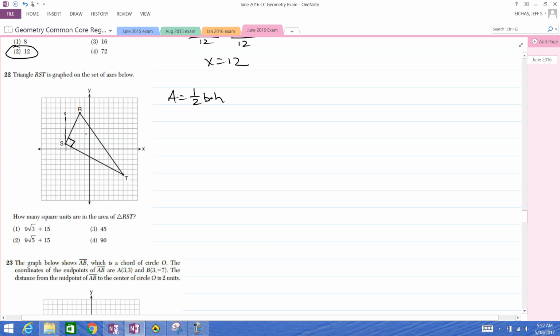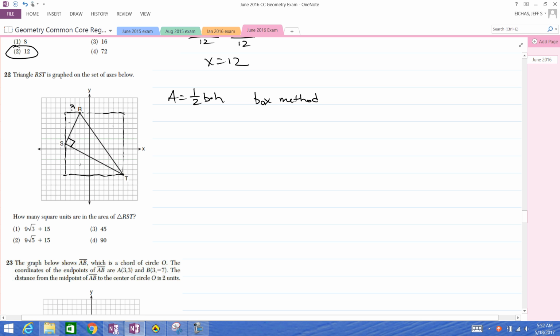When we don't have an easy base and height to work with, there is something we've coined, the box method. I don't know if that's the name everybody else uses, but we call it the box method, where we box in the figure that we want to get the area of, and we'll get the area of the box and then basically cut away all the extra triangles.